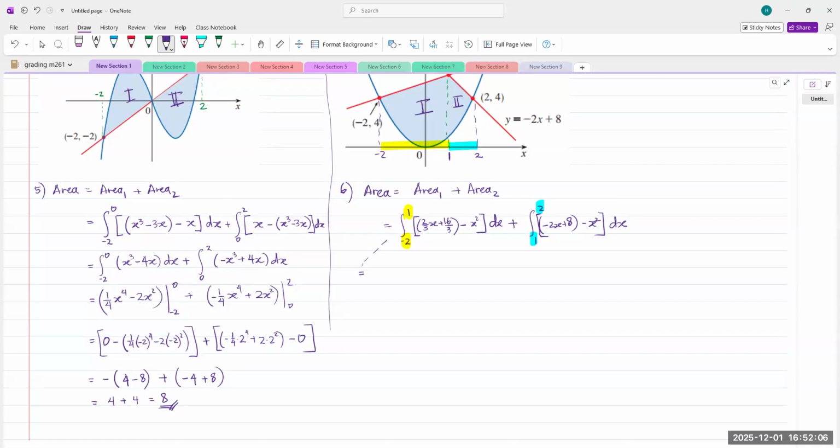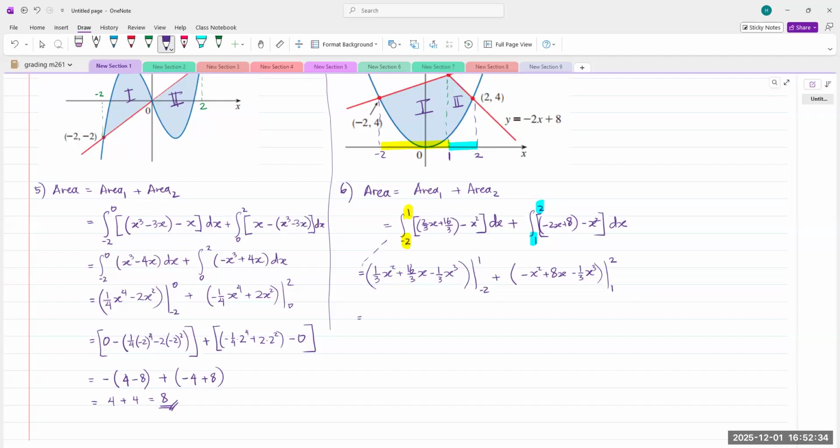So this becomes 1/3 x squared plus 16/3 x minus 1/3 x cubed from negative 2 to 1, plus integral of negative x squared plus 8x minus 1/3 x cubed from 1 to 2.